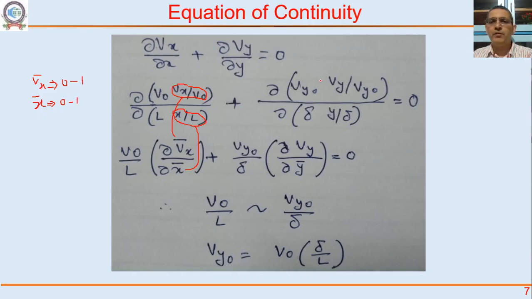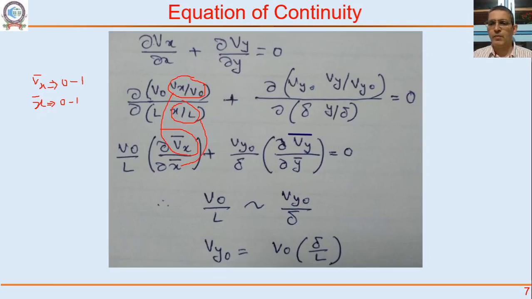We can make y also dimensionless, Vy also dimensionless, Vy by Vy naught, that will give you del Vy bar. This should be Vy bar. Let me make that correction.